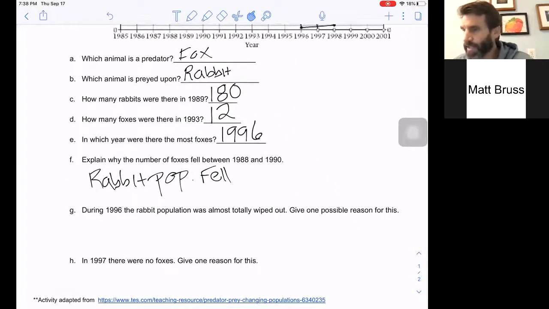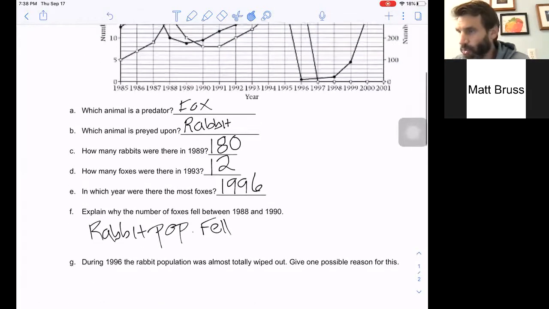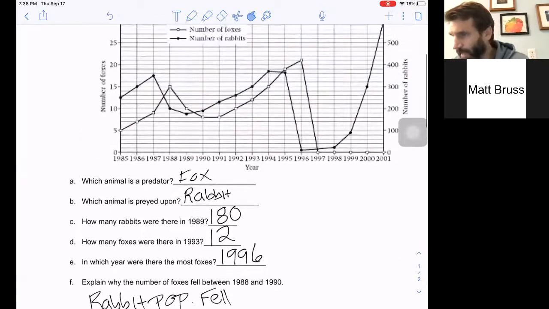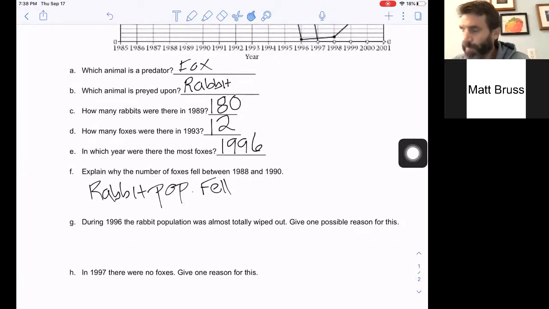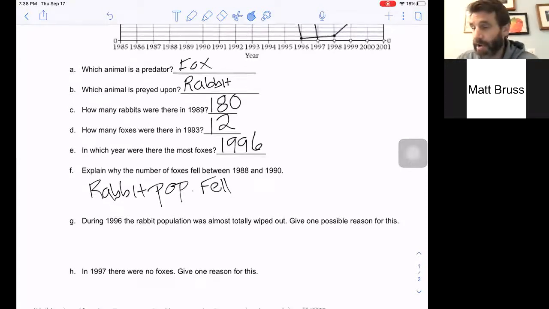Okay. During 1996, the rabbit population was almost totally wiped out. Oh, look at that. Give one possible reason for this. Well, maybe there was a huge drought in the grass that they were feeding on.